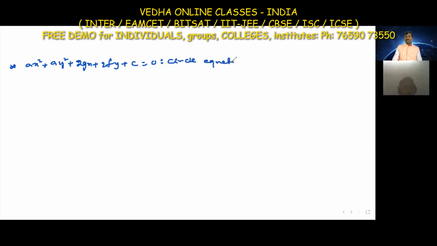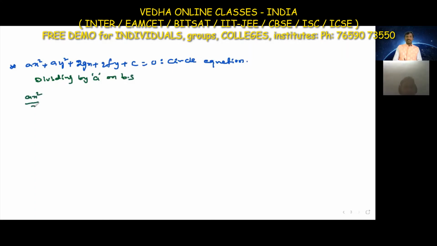Whenever we have a circle equation like this, we have to convert this equation into general equation form. That means we divide by a on both sides.